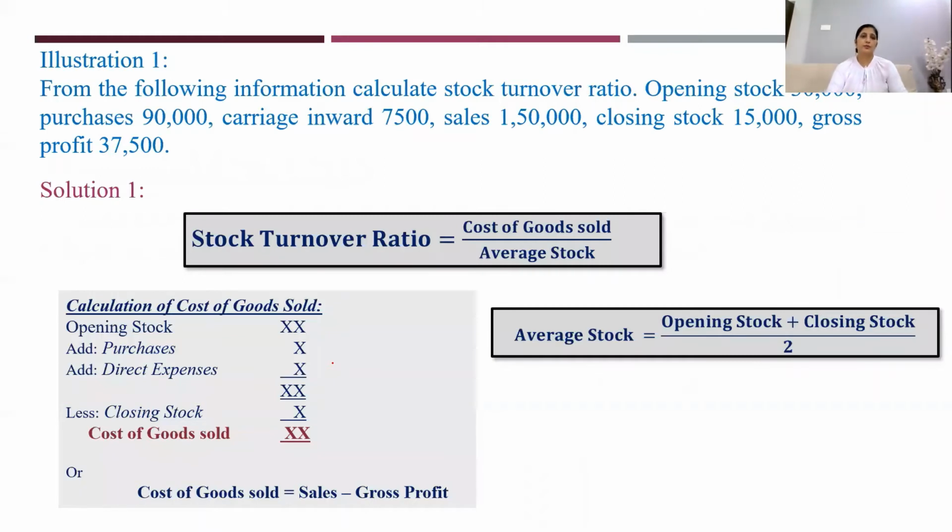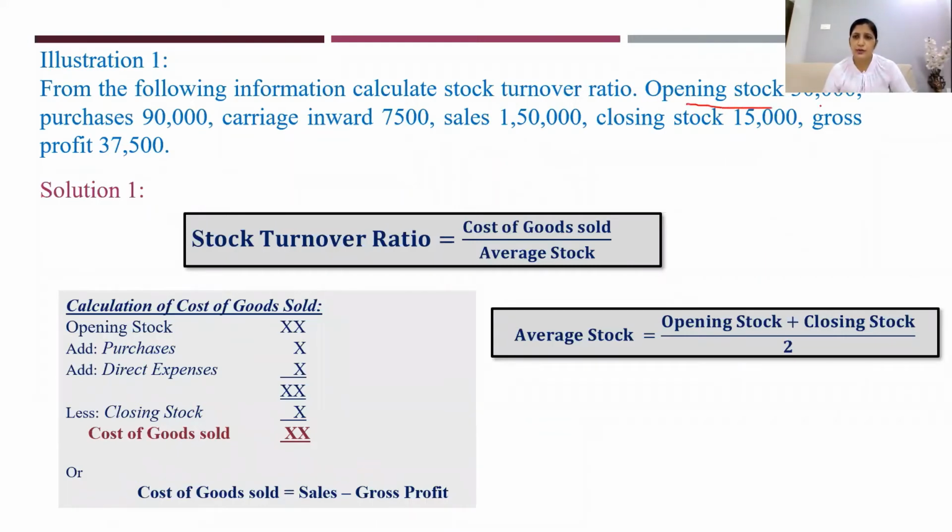We'll go for one problem. Take down this. From the following information, calculate the stock turnover ratio. Opening stock 30,000, purchases 90,000, carriage inward 7,500, sales 1,50,000, closing stock 15,000, gross profit 37,500. Take down this problem. What all do we have here?